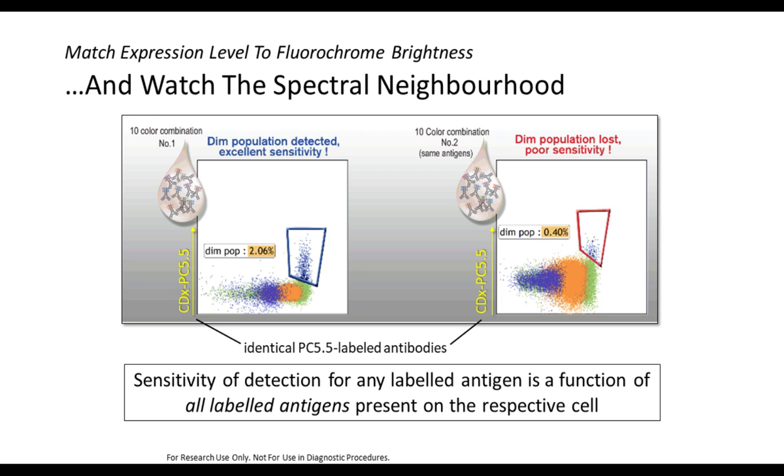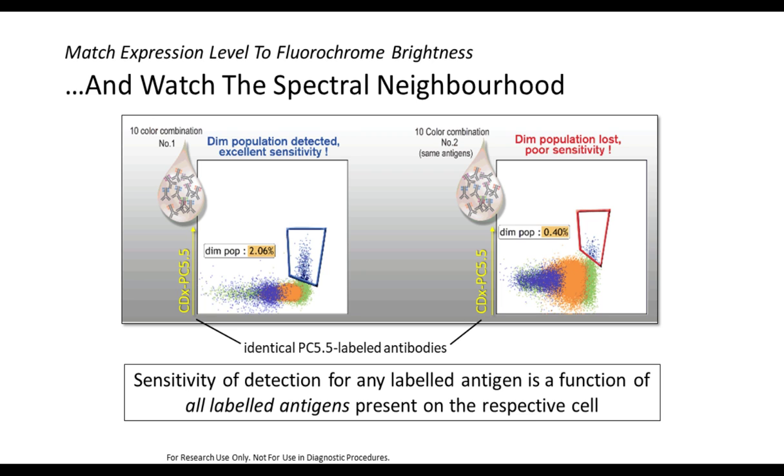In each of them, the same antibody clones were used. However, between left and right, we have swapped the fluorochrome assignments, the fluorescent labels of the antibodies, except for CDX PC5.5. So this antibody that obviously detects a very weakly expressed antigen is the same in the panel on the left and on the right.